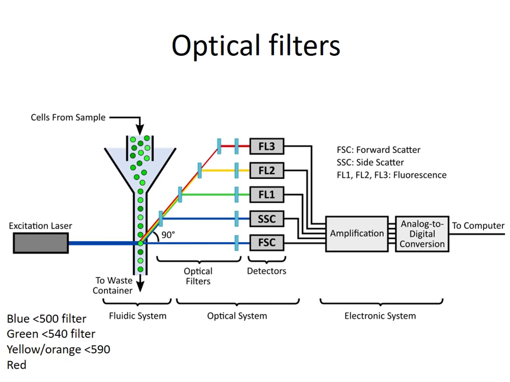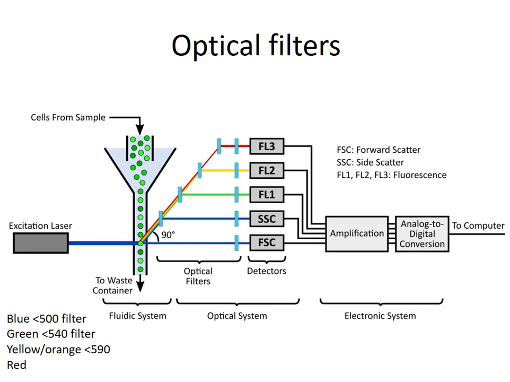Okay? So for blue, here, it will detect light that's less than 500. For the green, it will allow it to detect light that's less than 540. Yellow and orange, 590. And then the remainder will go through to the red filter.